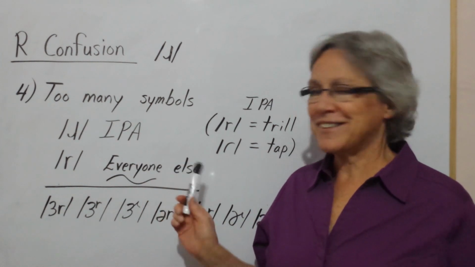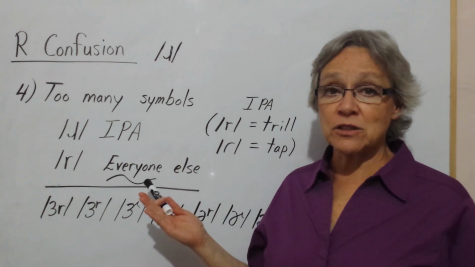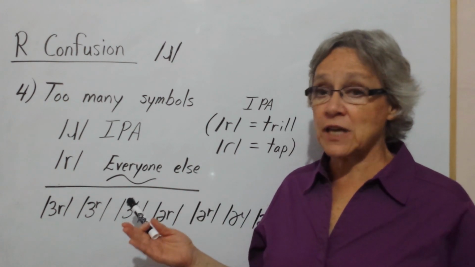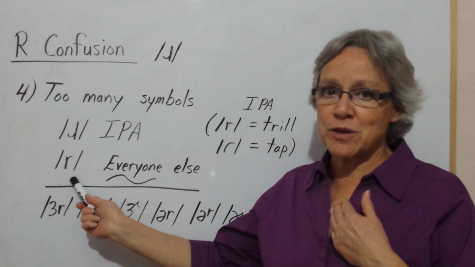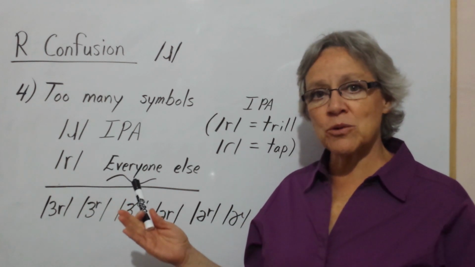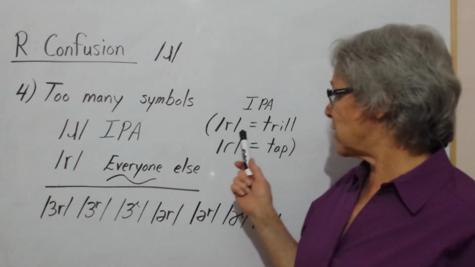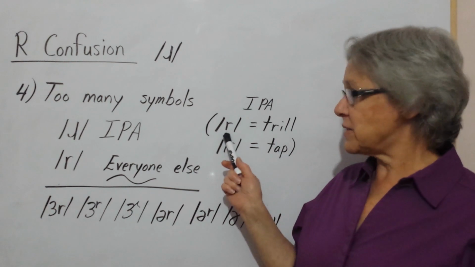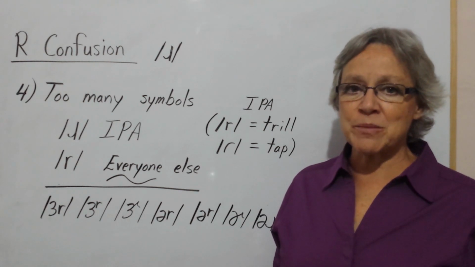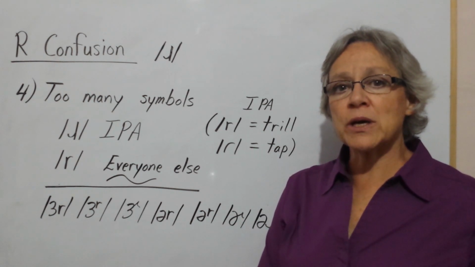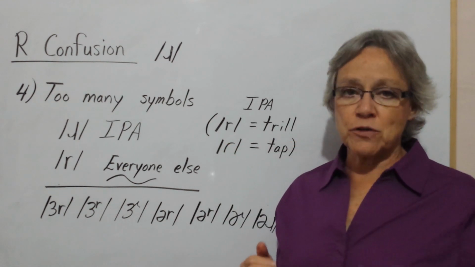However, every textbook I have ever looked at, almost every dictionary, and most YouTube videos, including my own, use this symbol for the American R. However, for somebody who is familiar with the IPA, when they see this symbol, they may think of the trill. This is a symbol that the IPA uses for the trill sound. I don't want to make a trill because I'm not an expert at it, but that's the sound where the tongue taps rapidly, very quickly, on the roof of the mouth.